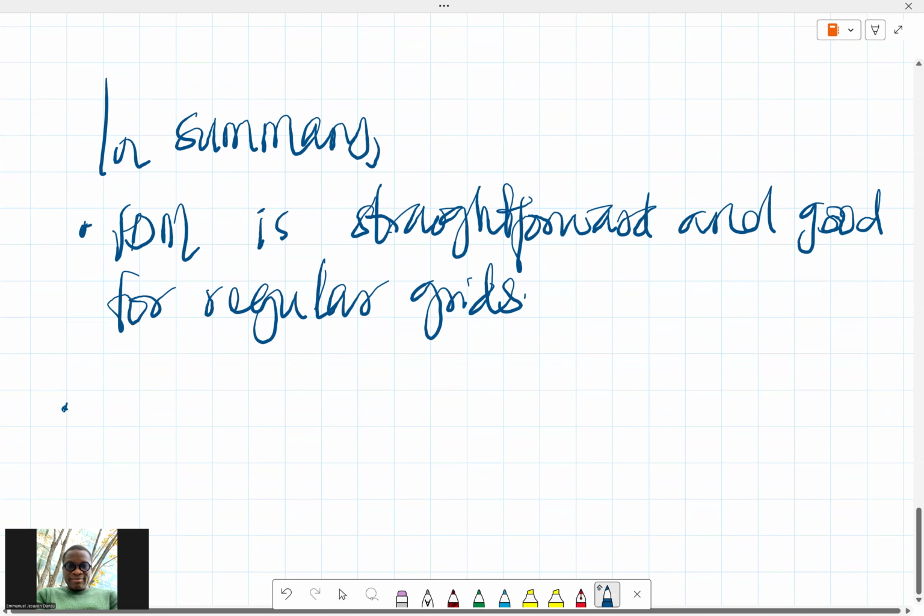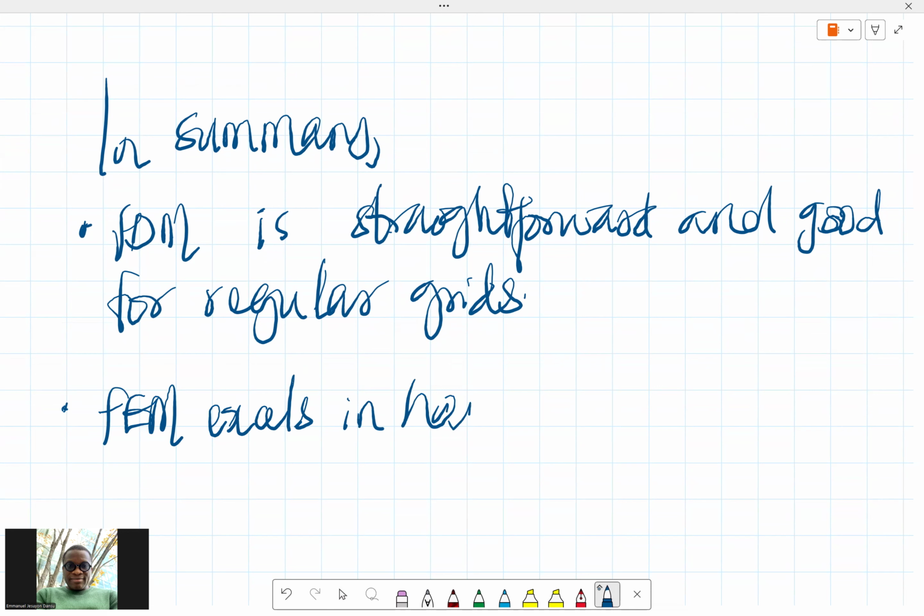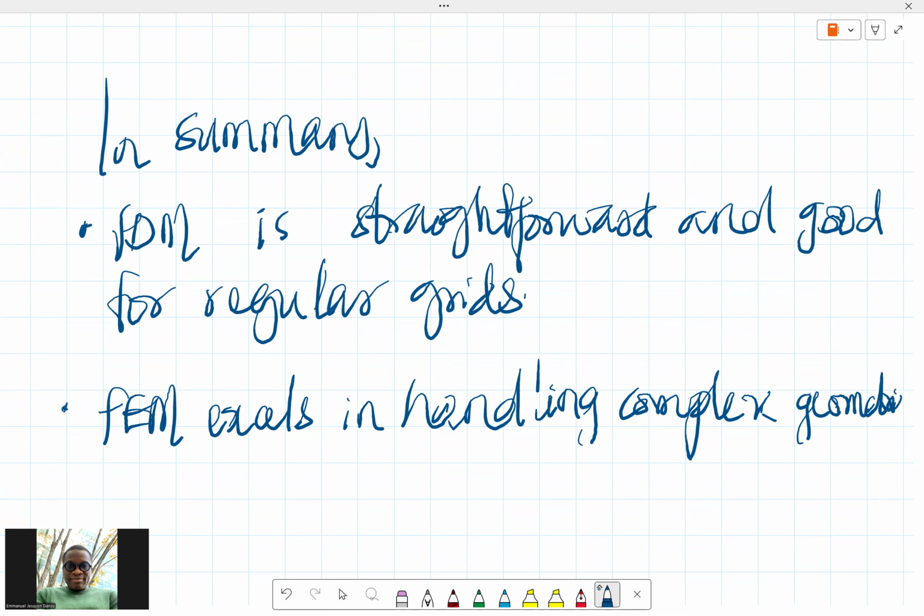Two, the finite element method excels in handling complex geometries, especially because it breaks down the geometries into finite elements.